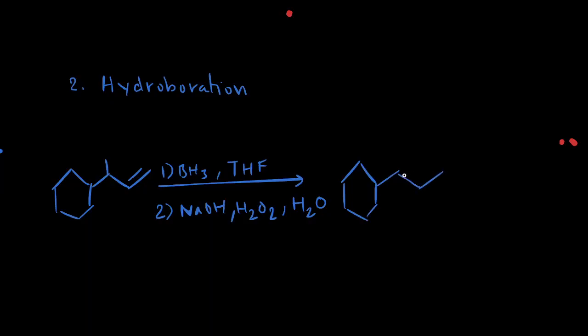If you can remember back to Markovnikov and anti-Markovnikov, we know that the Markovnikov product is the one that forms directly from the more stable intermediate. So the anti-Markovnikov product is going to be the one that forms from the less stable intermediate. So in this case, that means that our hydroxyl is actually going to be attached to the primary carbon.